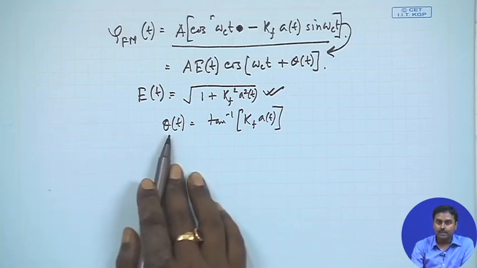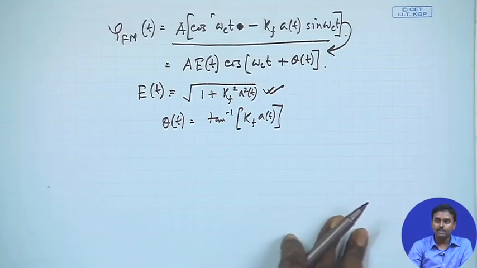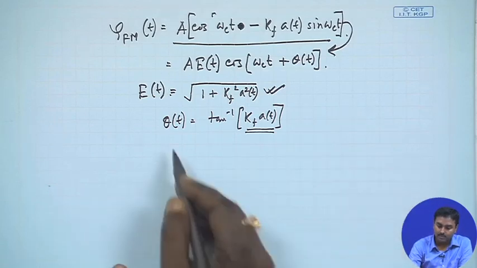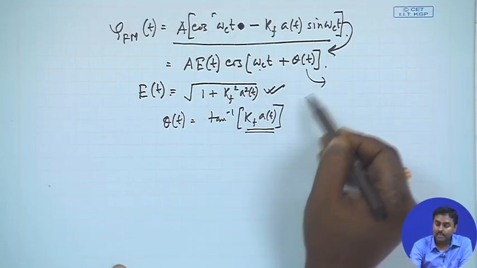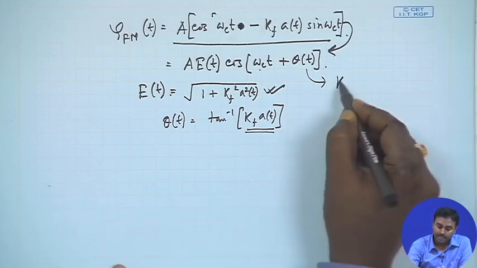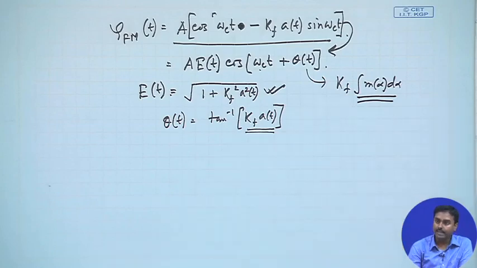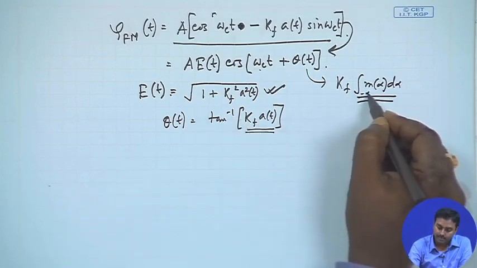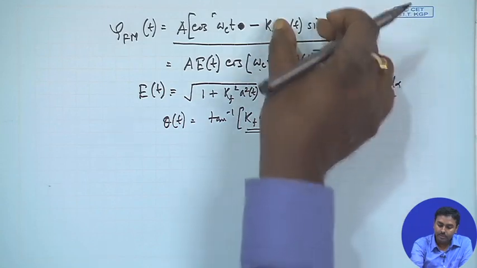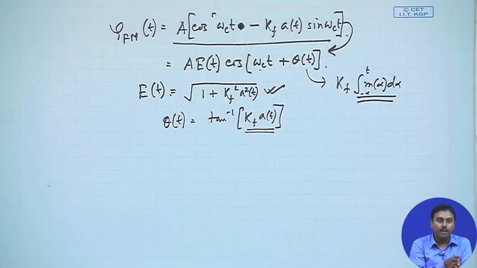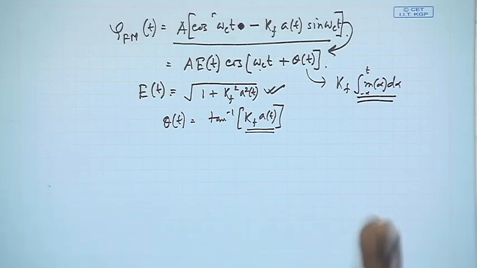And for theta(t), if it is original FM, then theta(t) should be omega c t plus this portion, which should be kf into the integration of m(alpha) d alpha, that is a(t), integrated from minus infinity to t. So, kf into a(t) you should be expecting inside the phase, because we want a frequency which is proportional to the message signal, whereas phase will be the integration of that.